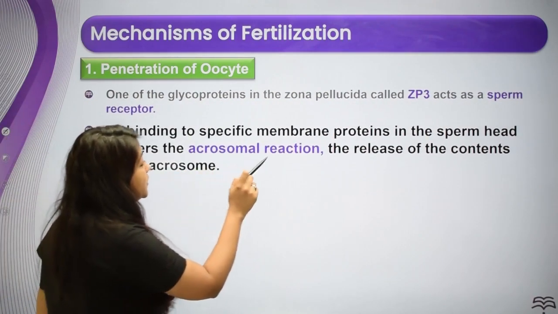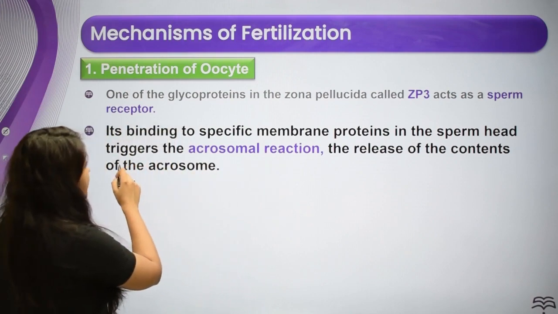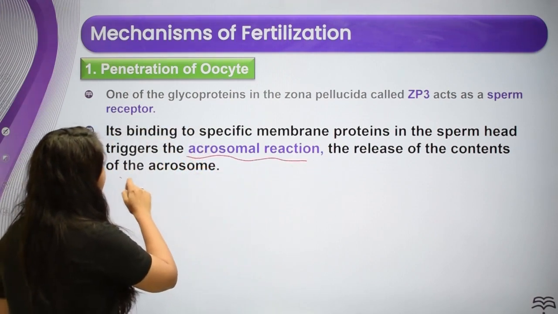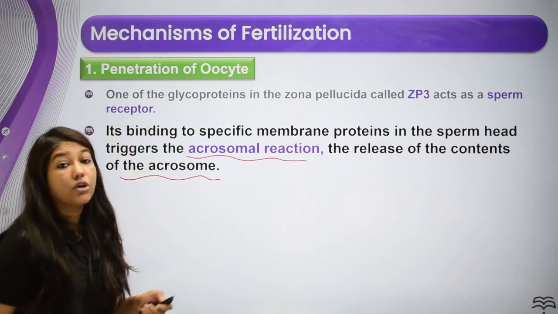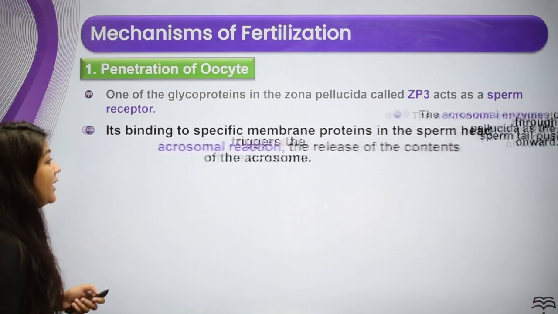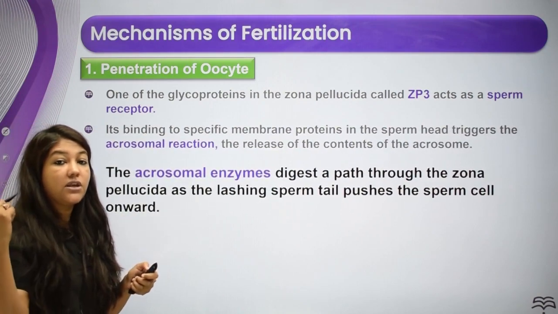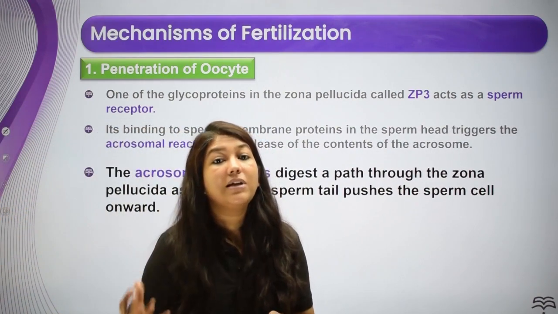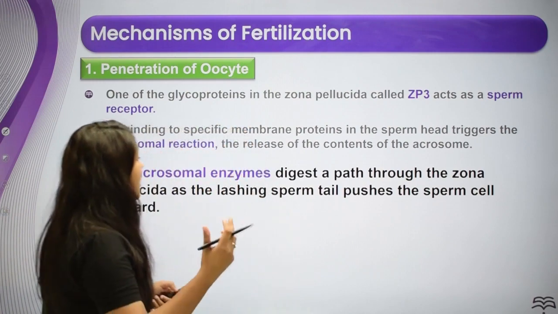Its binding to specific membrane proteins in the sperm head triggers the acrosomal reaction, the release of the contents of the acrosome. ठीक है, बाइंडिंग होगा स्पेसिफिक प्रोटीन से, उसकी वजह से क्या हो रहा है? एक्रोसोमल रिएक्शन स्टार्ट हो रहा है. The acrosomal contents, they will start coming out.